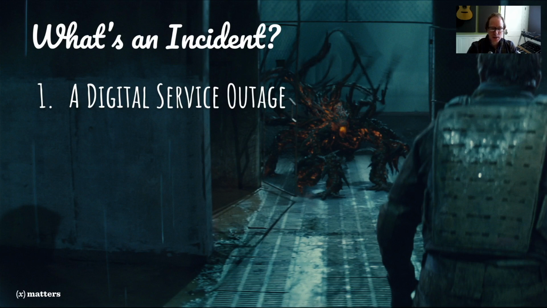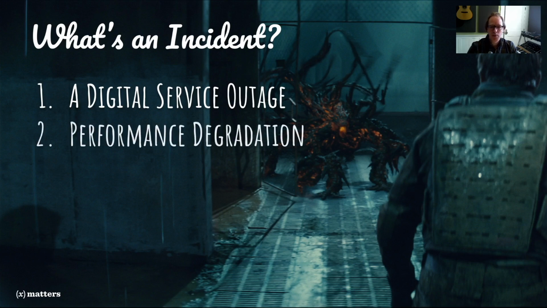This is when a service is just completely unavailable to our customers. Thankfully, these type of outages are rare in this day and age, and more commonly, we might see something like performance degradations. For example, web pages loading slowly, or perhaps having a very slow mobile experience. So these are more common.